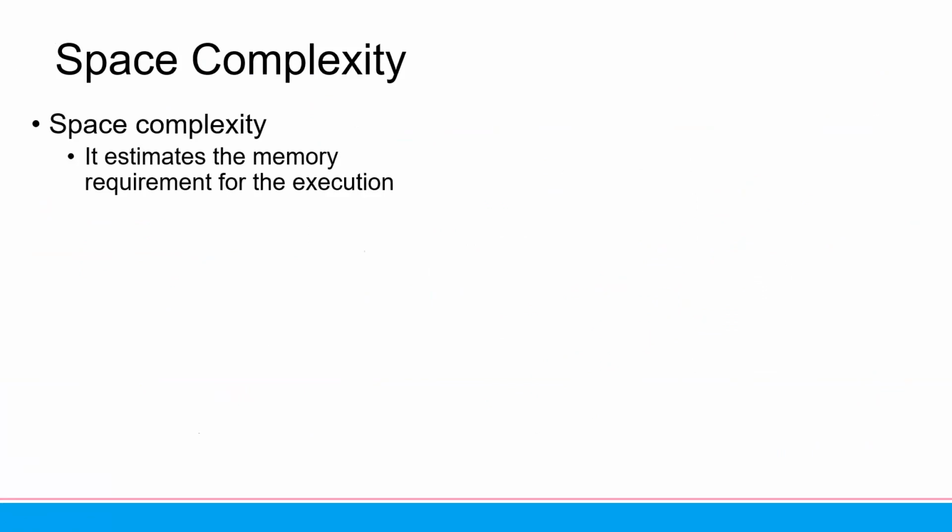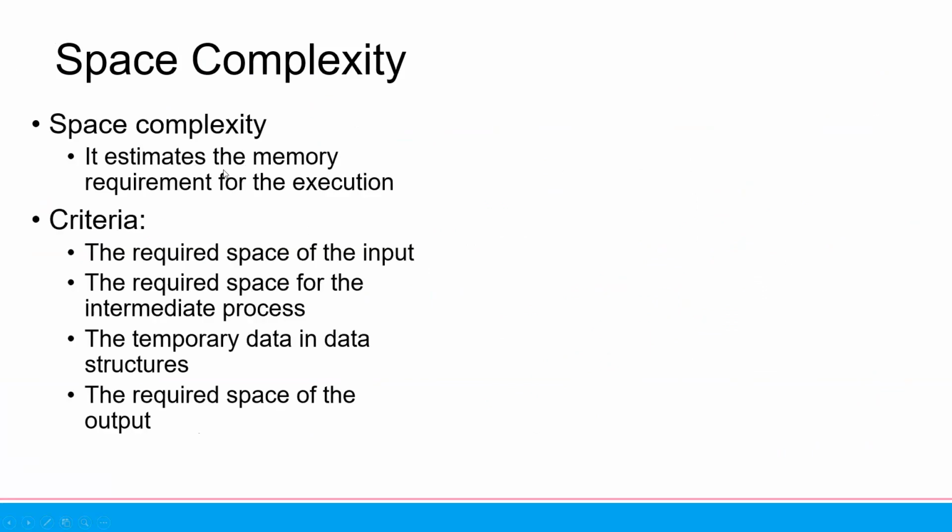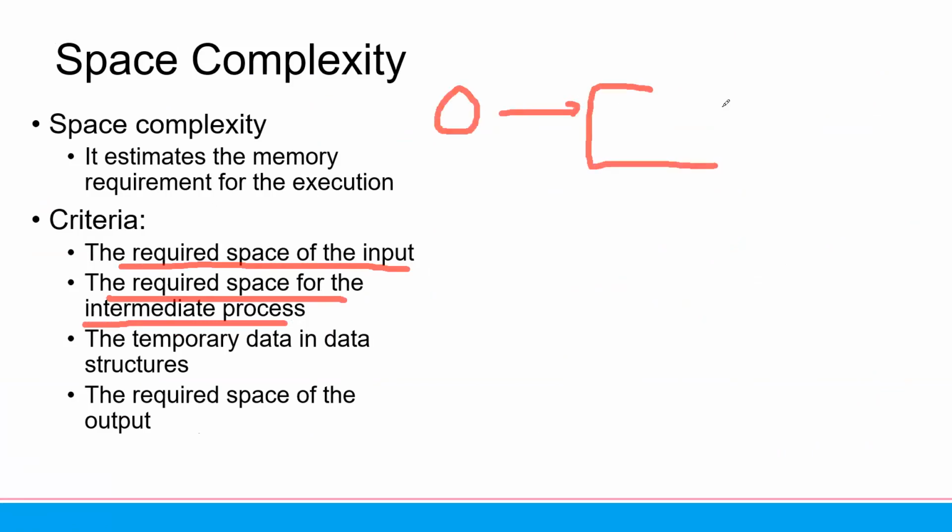And it also applies to the space complexity. The space complexity is to estimate the memory requirement for the execution. It means, for example, how much space you need for the input, how much space you need for the intermediate process. If, for example, you work with deep learning, you have the input, then a process, and then an output.